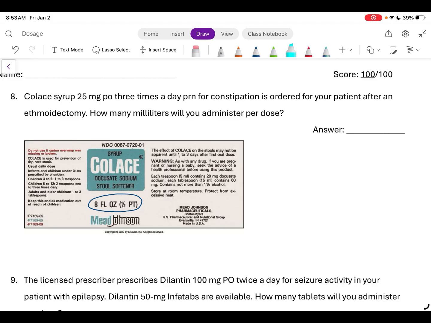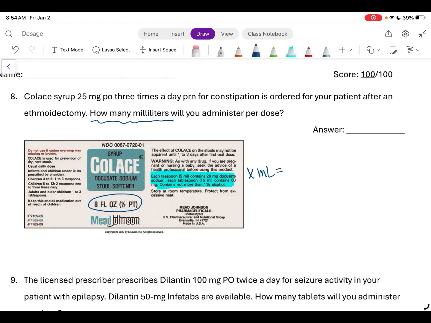But right here, it's telling you that for every 5 milliliters, there's 20 milligrams of Colace available, or for every 15, there's 60. So you can pick which one you want to use to figure out how many milliliters you'll give to your patient. That's our question. How many milliliters? So X mL.